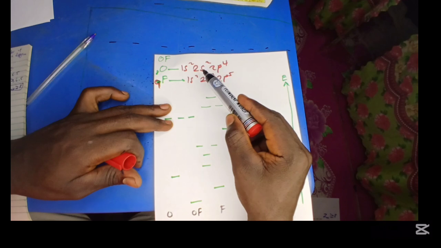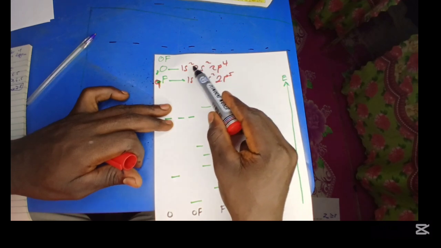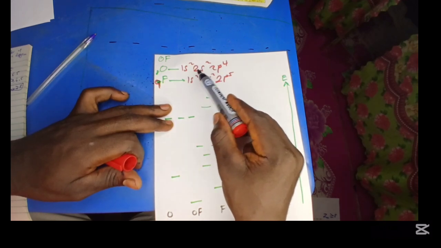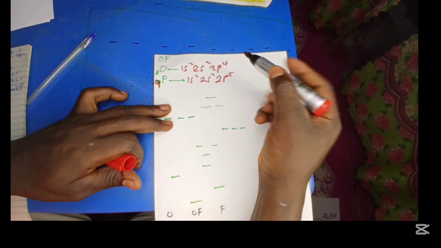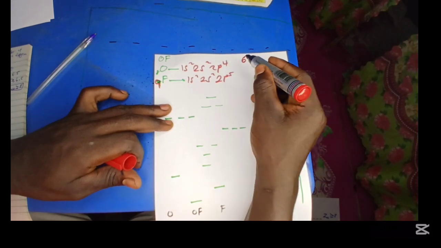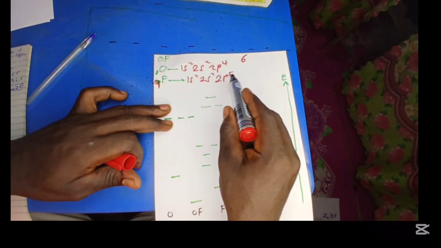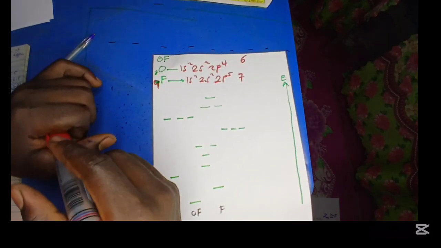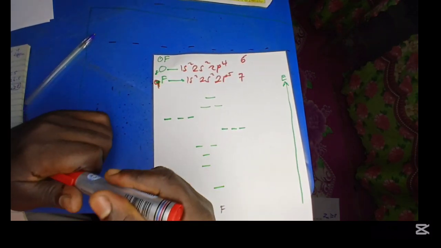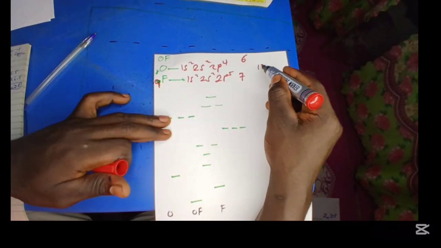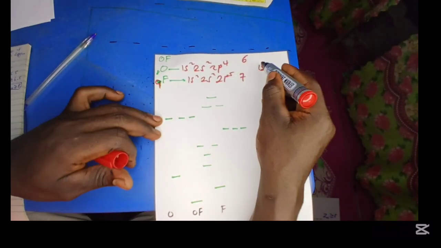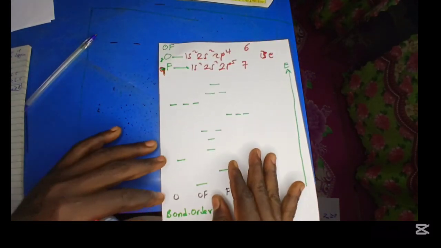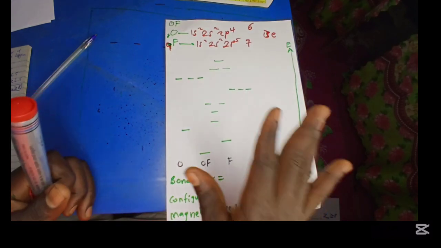How many valence electrons do we have for oxygen? Starting from 2s to 2p, 2 plus 4 gives us 6 electrons. And for fluorine, 2 plus 5, 7 electrons. So we are going to get a total of 13 electrons.